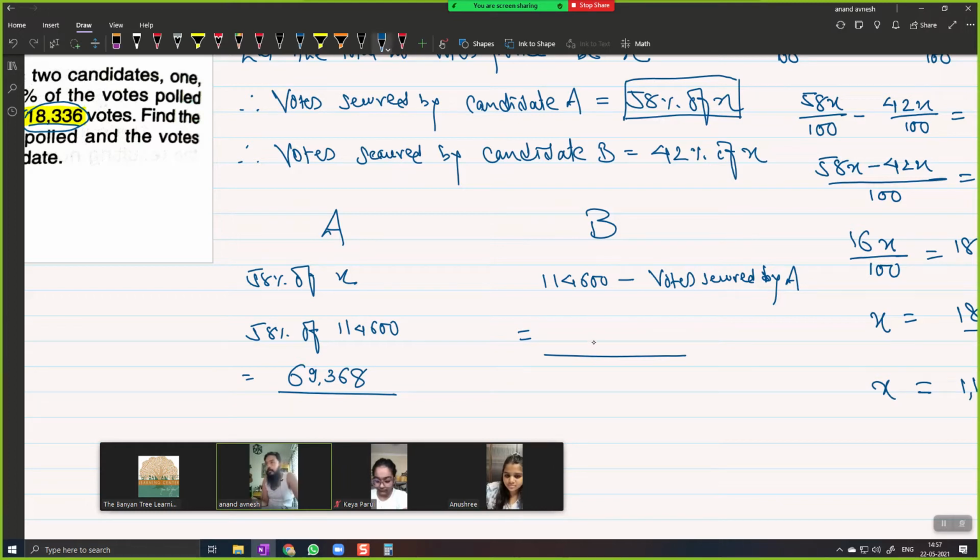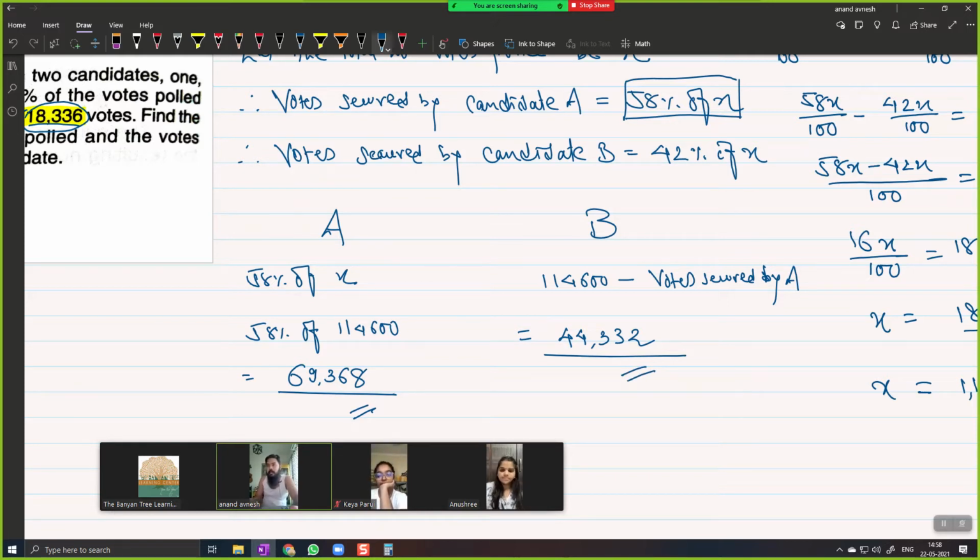Okay, and for candidate B, and sir, in the second candidate B, I got 44,332. Correct. So these are the votes secured by each of them.